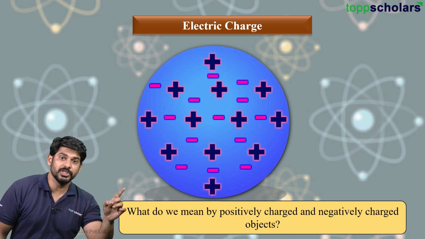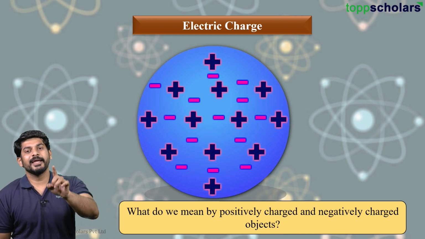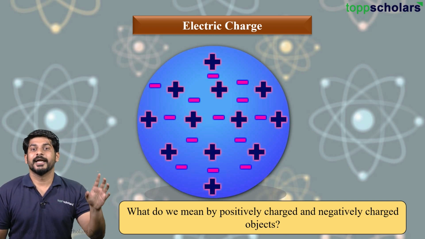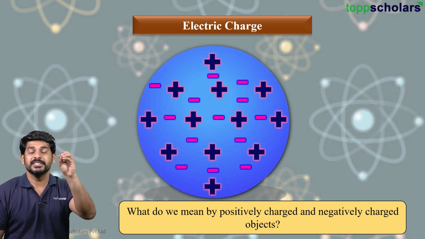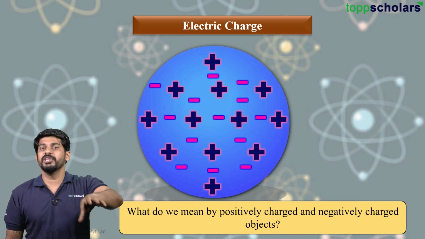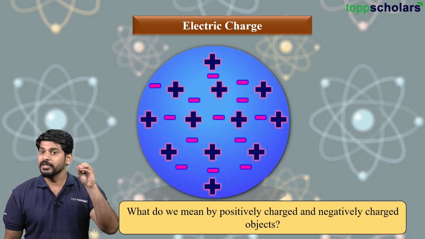Protons are positively charged and electrons are negatively charged. Since the numbers are equal, the charge is balanced, and that's why every atom is electrically neutral. And ultimately, everything around us is electrically neutral.